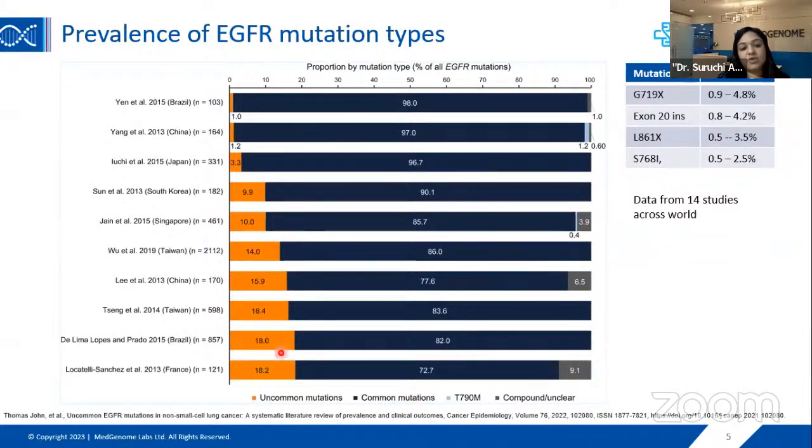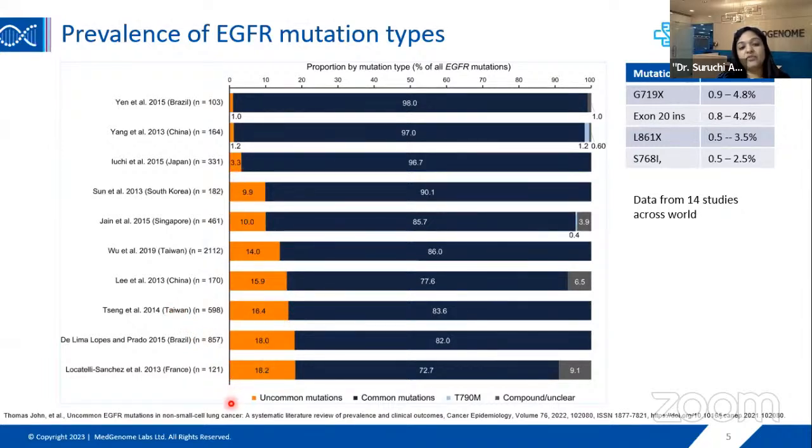To show the percentage of uncommon mutations, shown in orange, this is data from about 14 studies. From France, 18 percent of total EGFR mutations were found to be uncommon mutations. Similarly, from Brazil 18, Taiwan 16, China 15.